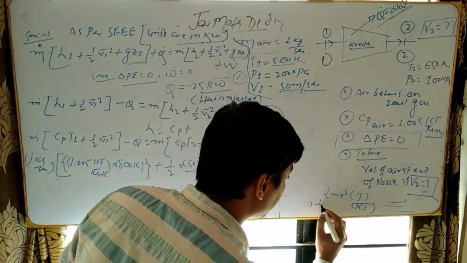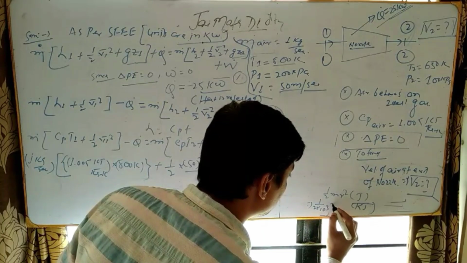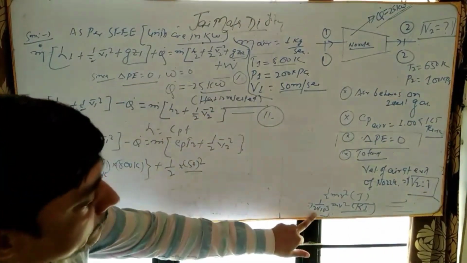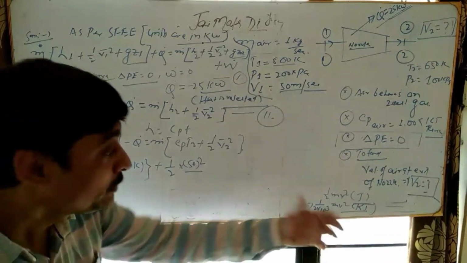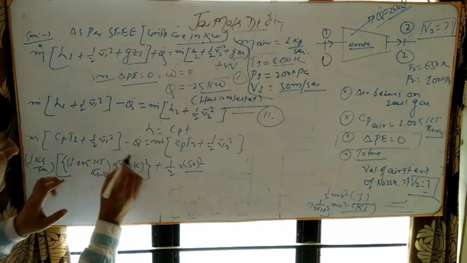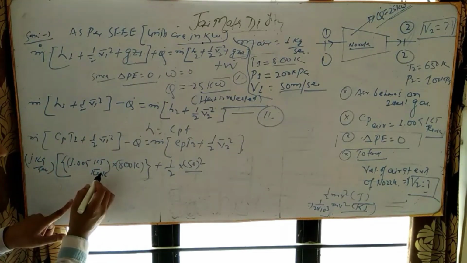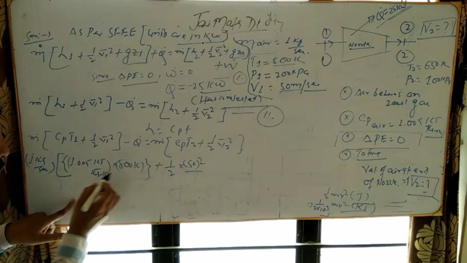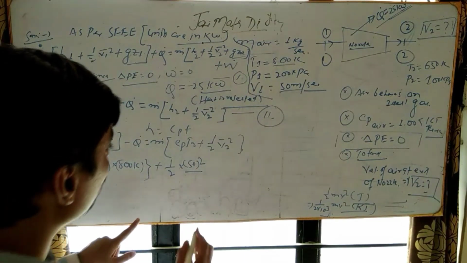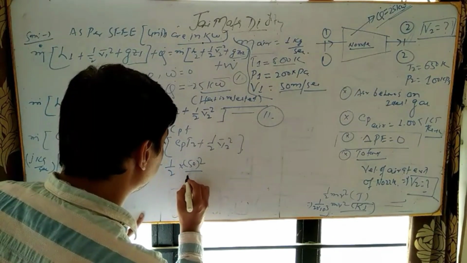That's why we divide by 1000 the half v1 square. Now this unit will be in kilojoule. But we have to write this equation in kilojoule per kg because every term is kilojoule per kg, right? The kg will be cancelled out, and the unit is kilojoule per kg.